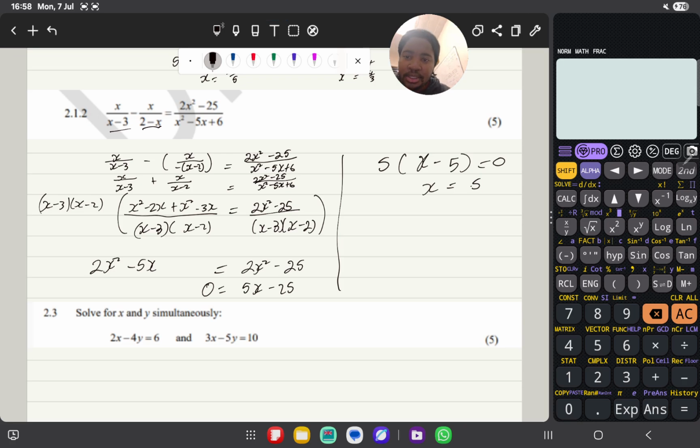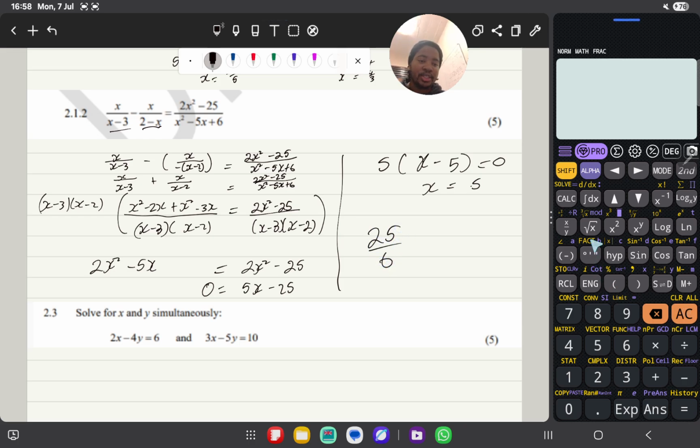So let's test it out. You have 5 minus 3, it's a minus 5, 2 minus 5. Look, we are getting this fraction. We are getting 25 over 6.